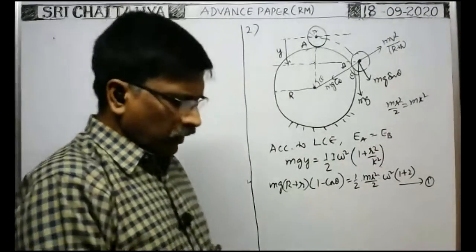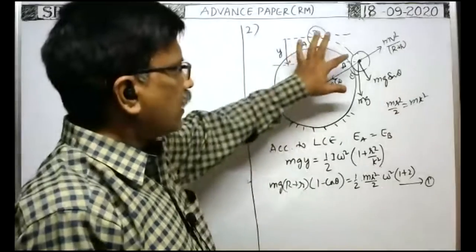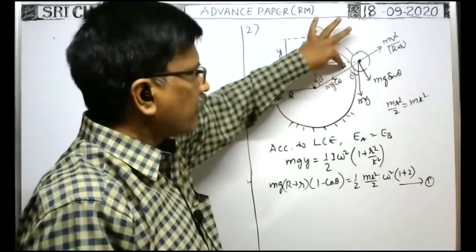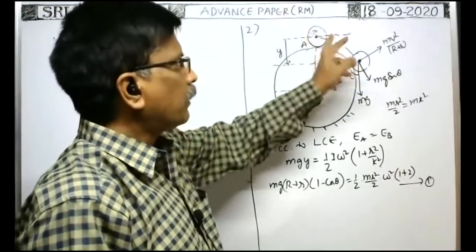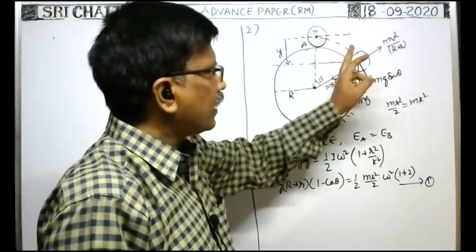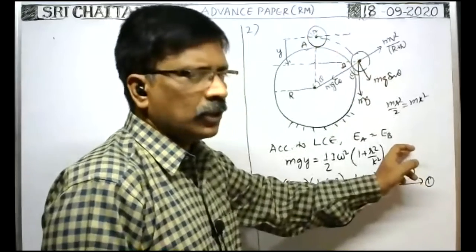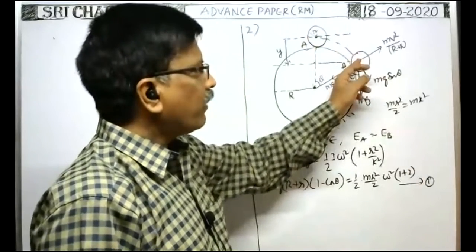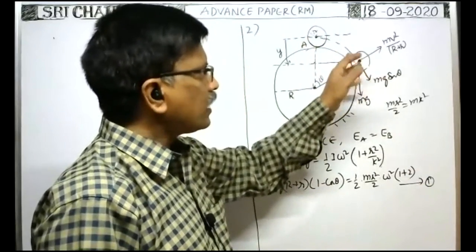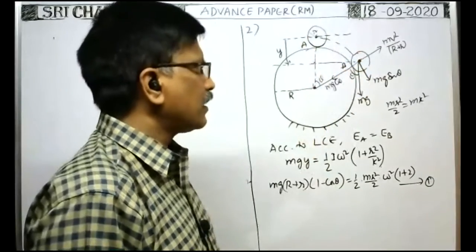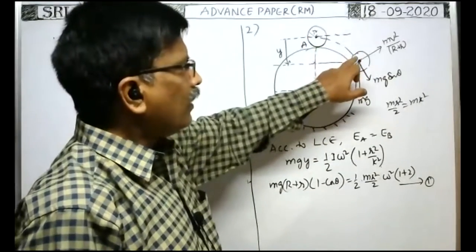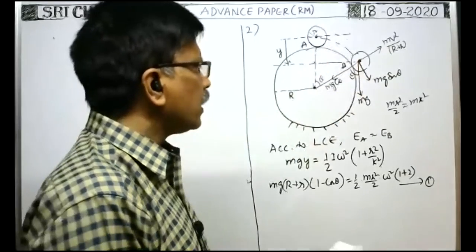They asked the angular velocity of the cylinder when it breaks off the surface of the sphere. As the velocity increases, at a certain position it leaves contact with the sphere and falls directly without rolling. At the instant it is ready to leave the surface, what is the angular velocity? While leaving the surface, the normal reaction becomes 0.